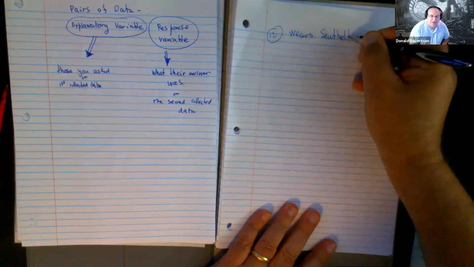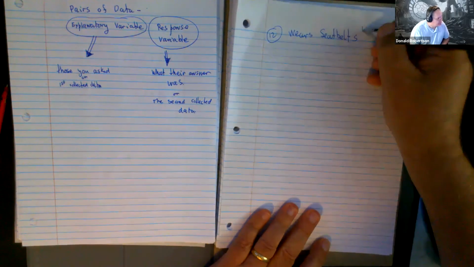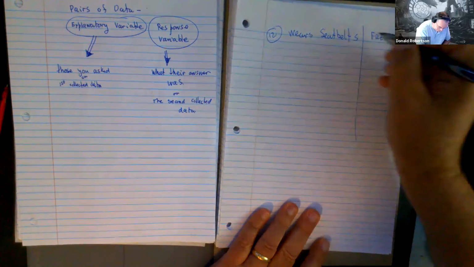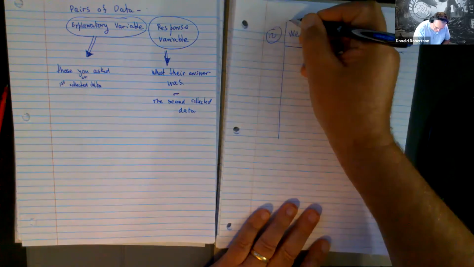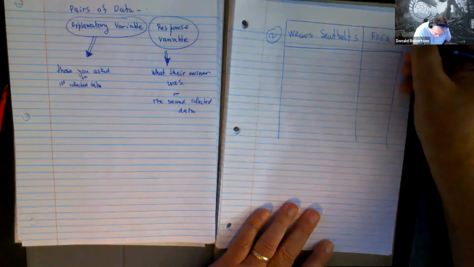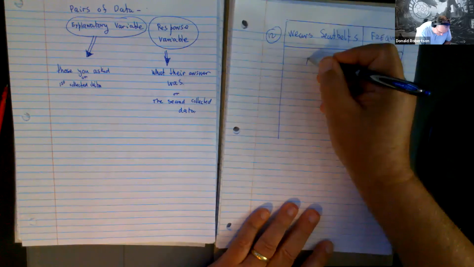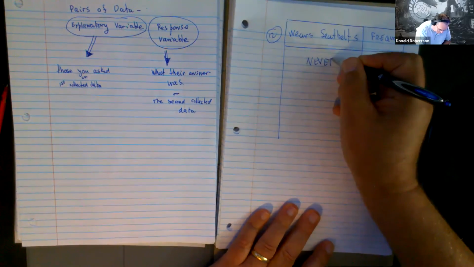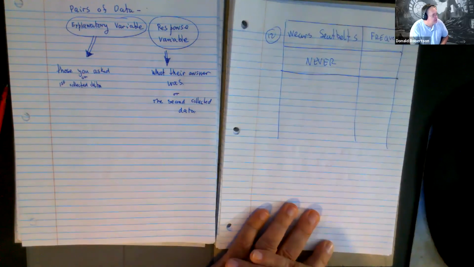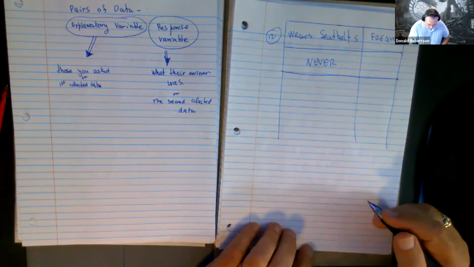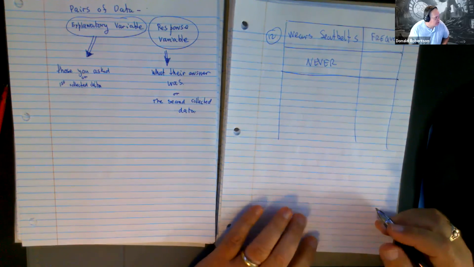So what we've got here is wear seatbelts and frequency. They asked in this story, this is my version of question 12, they asked 12 graders, who we all know are immortal and don't listen to anyone, how often they wore their seatbelts when they were in a car.